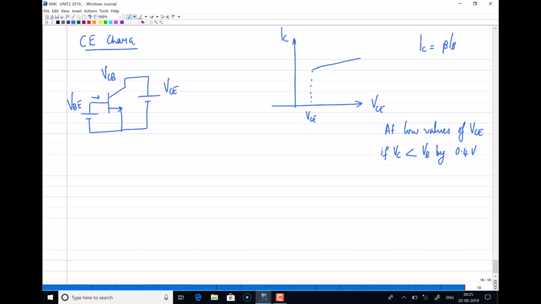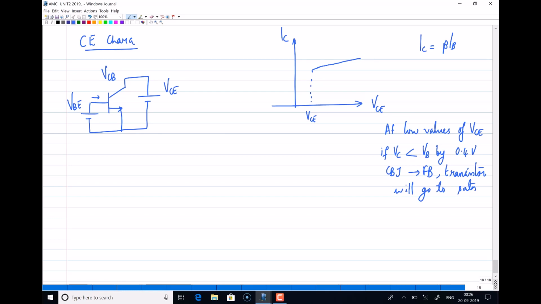The collector base junction should be reverse biased. So if VC goes less than VB by 0.4, what will happen to the collector base junction? That will turn forward biased, and if that happens, the transistor will leave the active region and go to saturation. If the transistor goes to saturation, collector current will not be there because there is no voltage to sweep the electrons reaching the base junction.